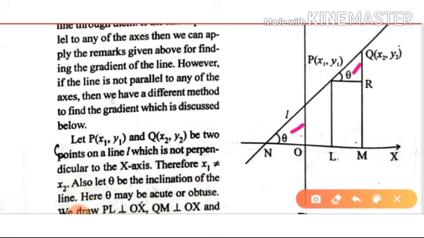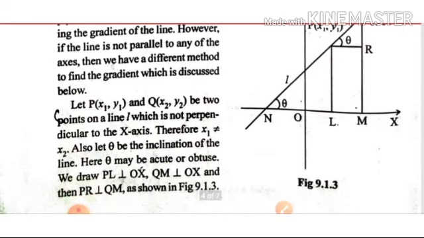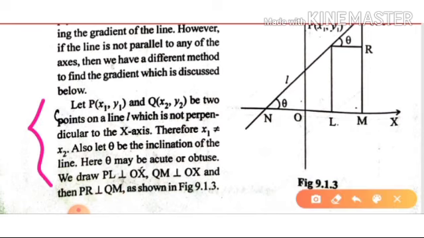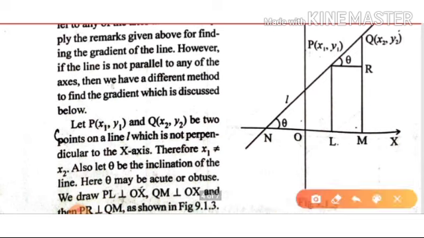Then the perpendiculars are drawn here, and this parallel also is joined actually. It is mentioned here, let P(x1, y1) and Q(x2, y2) be 2 points on a line which is not perpendicular to the axis. Therefore x1 is not equal to x2. What is x1?